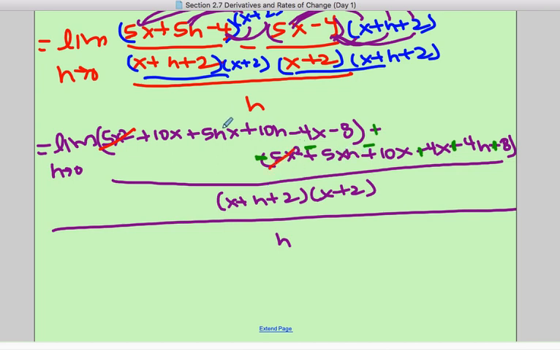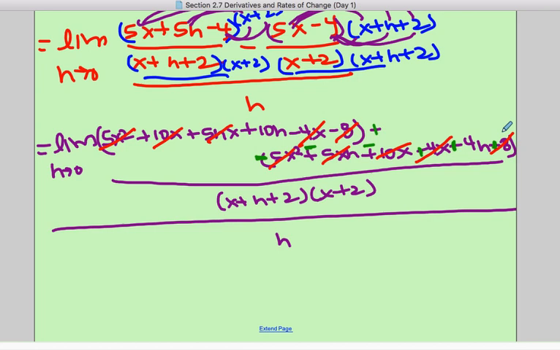My positive 5hx is the same as 5xh, or my negative, so those will cancel. My negative 10x and my positive 10x will cancel. I got a negative 4x and a negative 8. And I think that is all that will cancel.